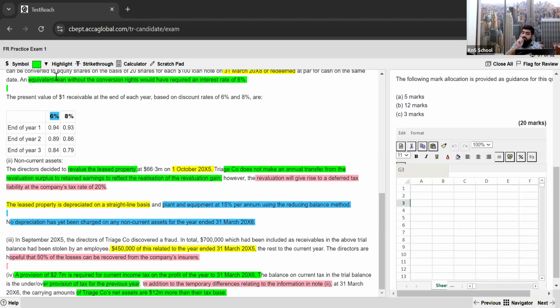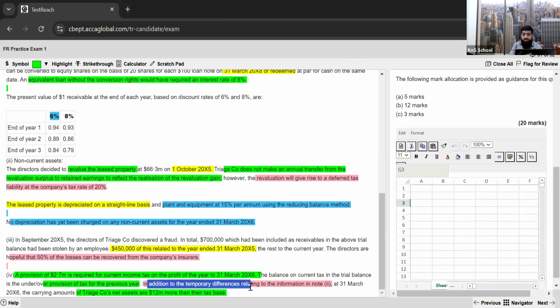But remember, this is not the only taxable temporary difference at the end of the year. There is another taxable temporary difference, and that was the revaluation surplus. No, it's not included. Just read the information, Fatima.